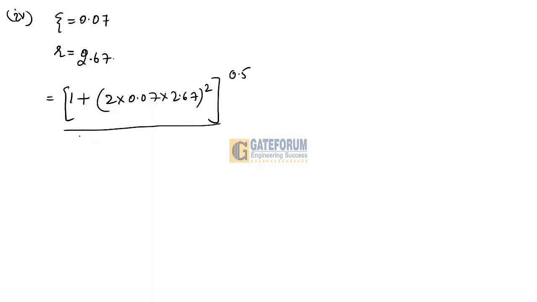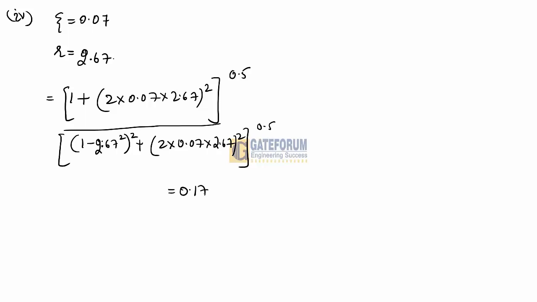So for this, it will be 1 plus 2 times 0.07 into 2.67 whole square, raised to the power of half, divided by 1 minus 2.67 whole square plus 2 into 0.07 into 2.67 whole square, raised to the power of 0.5. This is equal to 0.17.